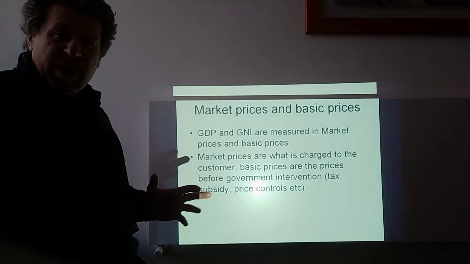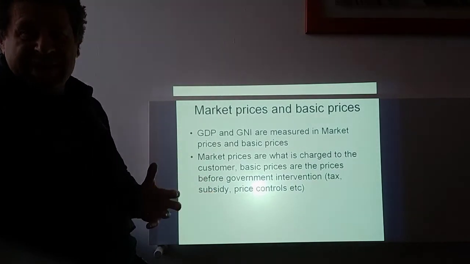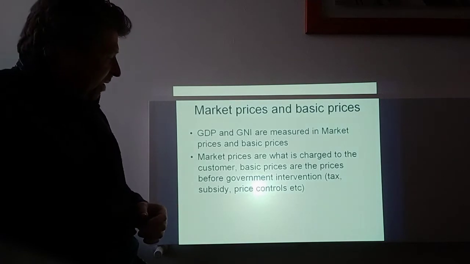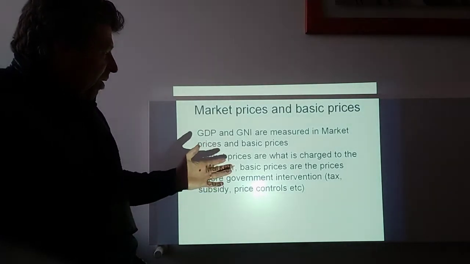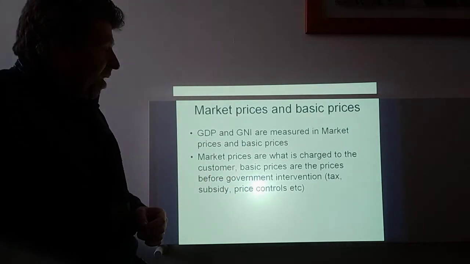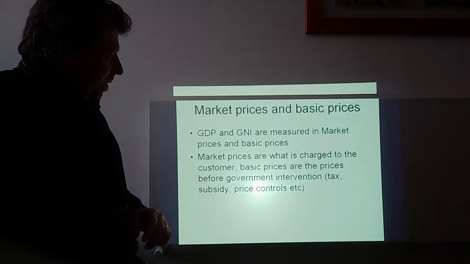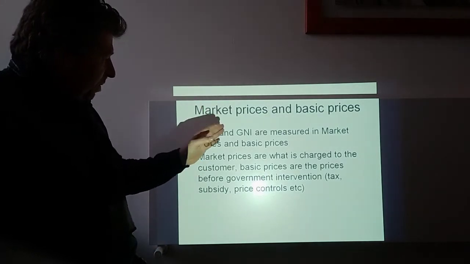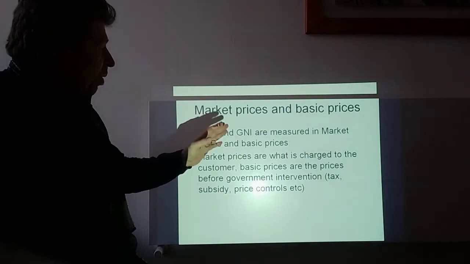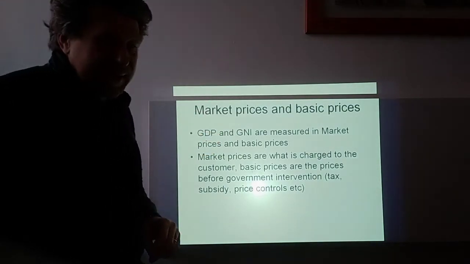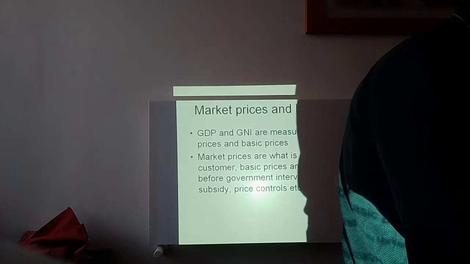So market prices would be after tax and subsidies and controls, and the basic prices would be before the government intervention. So these two indicators would be done both in market prices and basic prices.